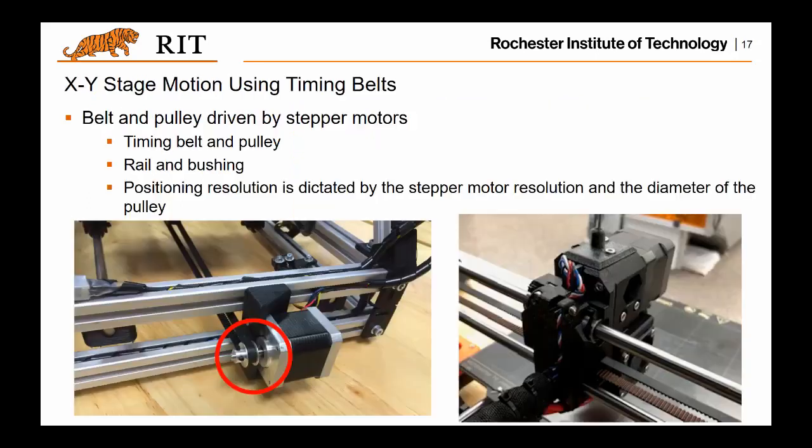So let's look at the details. Basically, the belt and pulley are driven by the step motors, and the positioning resolution is determined by the stepper motor's resolution and the diameter of the pulleys.